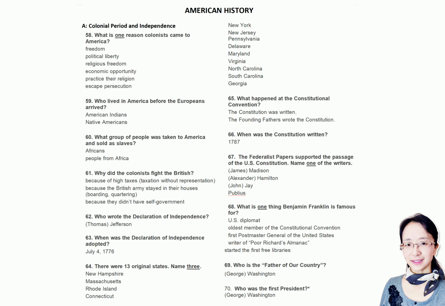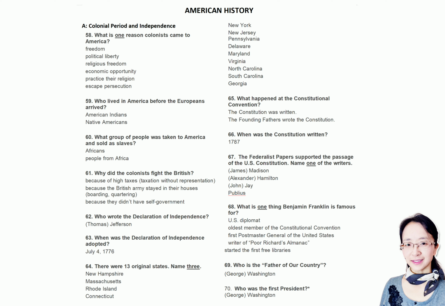What group of people was taken to America and sold as slaves? Africans, people from Africa. Why did the colonists fight the British? Because of high taxes, taxation without representation. Because the British Army stayed in their houses, boarding, quartering. Because they didn't have self-government. Who wrote the Declaration of Independence? Thomas Jefferson. When was the Declaration of Independence adopted?